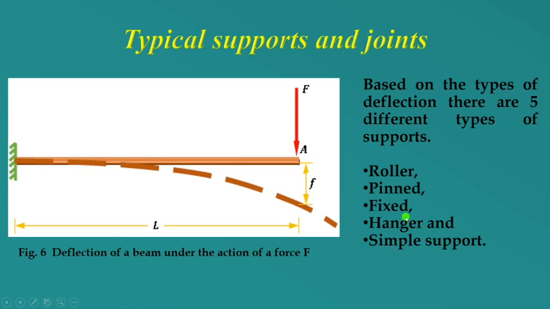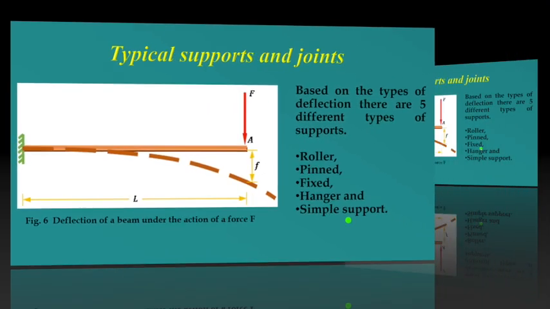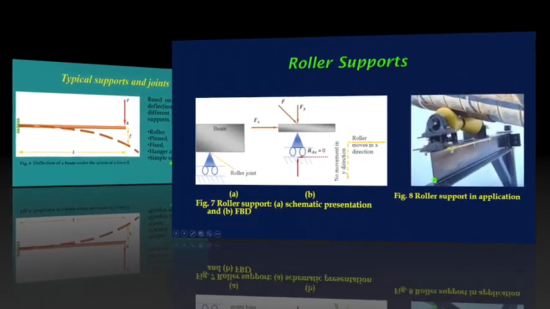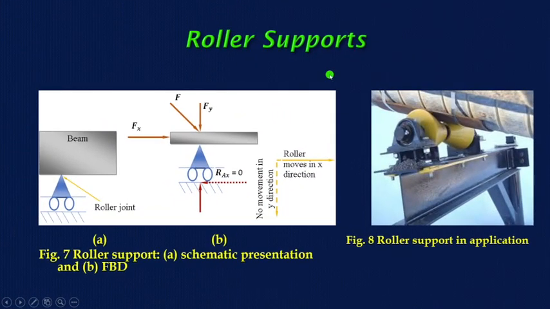So that we are going to discuss in detail. First, let's consider the roller support. You see, this is the roller structure. In actual cases, you have seen sometimes that a heavy load is supported by this type of roller.